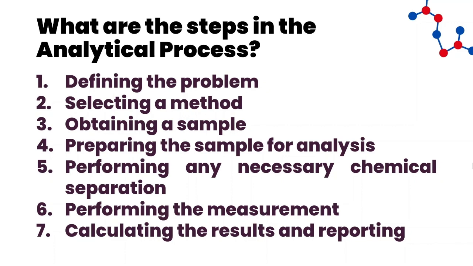The third step is obtaining a sample. This is when we collect a representative portion of the materials to be analyzed. Remember that not all the sample will be analyzed. We only take a portion or a part of the sample, and that's enough to have a general idea about the sample.